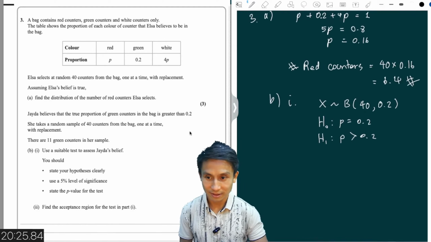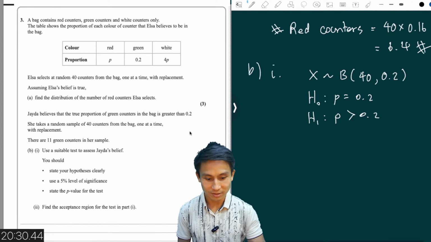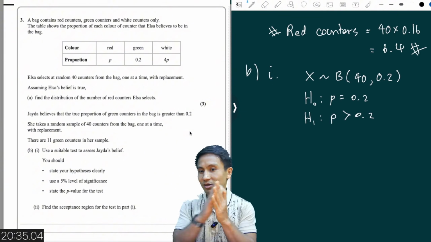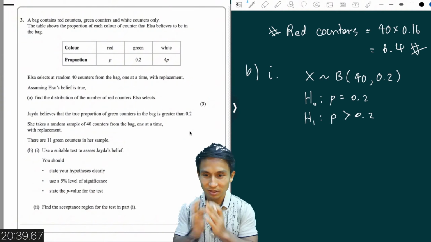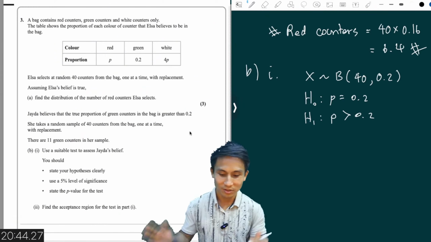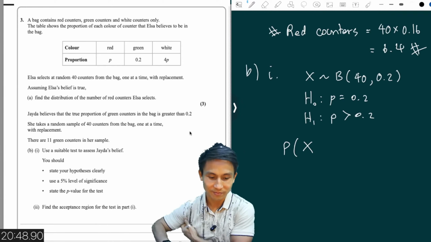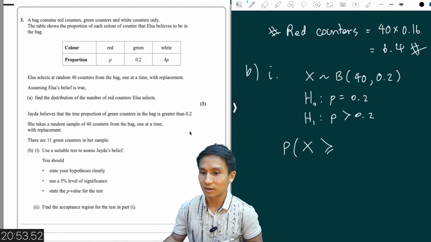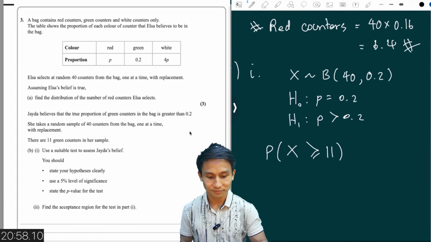And then, yep, so we're gonna find the probability. So the way you test hypothesis using binomial here, because her sample says that there are 11 green counters, and because this is testing whether it is greater than 0.2, we need to find the probability of X greater than or equal to 11, and we find the probability of that.